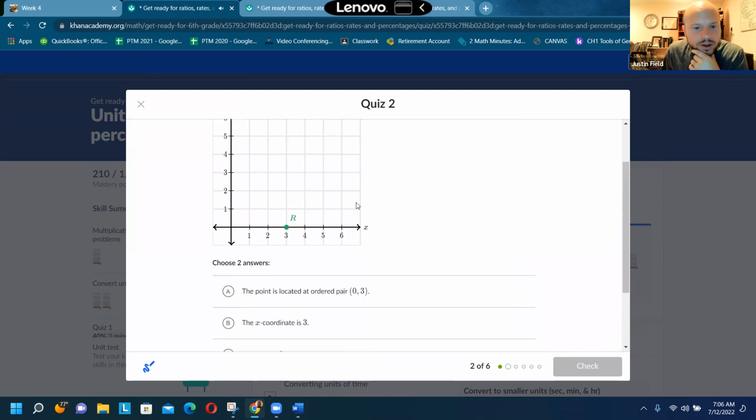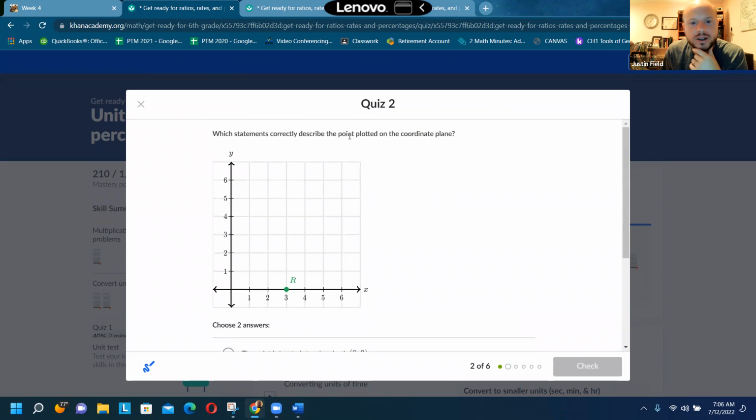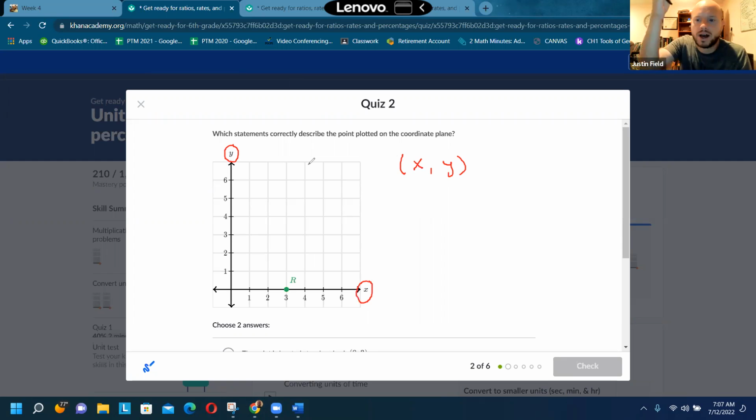Okay. Which statement correctly describes the points plotted? Okay, so there's that point. Remember, when we're plotting points, it goes X, Y, and look at your labels. In case you're still getting used to which one's X and Y, it should be labeled for you. And it is here. The X is always across, Y is always up and down.